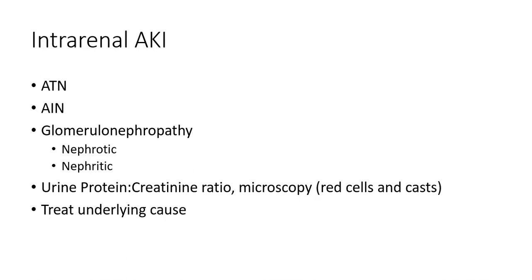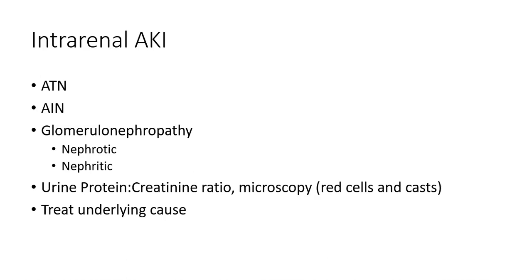The AIN can occur as shortly as 1 to 2 days after starting the medication, but the time to onset can also be as long as a few months in the setting of NSAIDs in particular, as well as the proton pump inhibitors. The typical picture for an AIN is when a patient presents with an intra-renal AKI, but also has features including things like a fever, possibly eosinophilia, and a diffuse maculopapular rash.